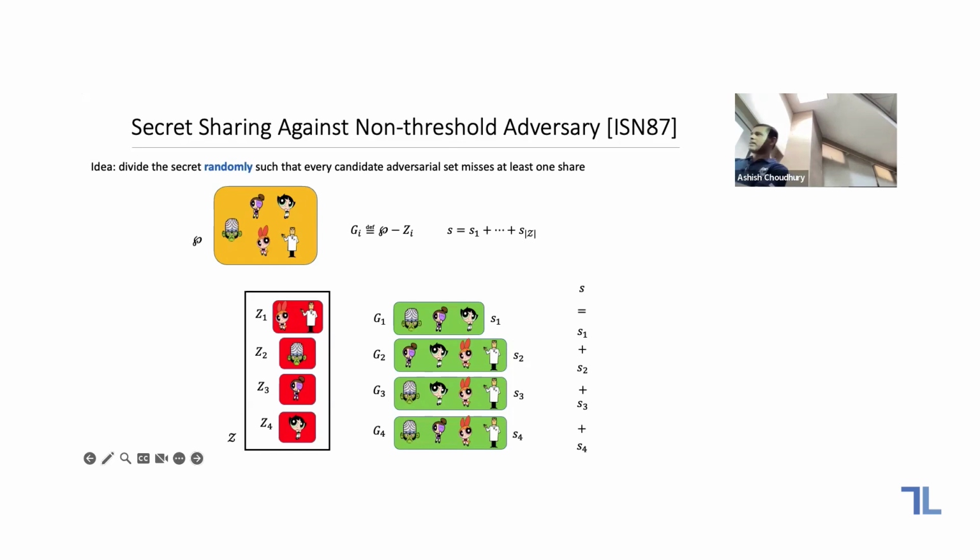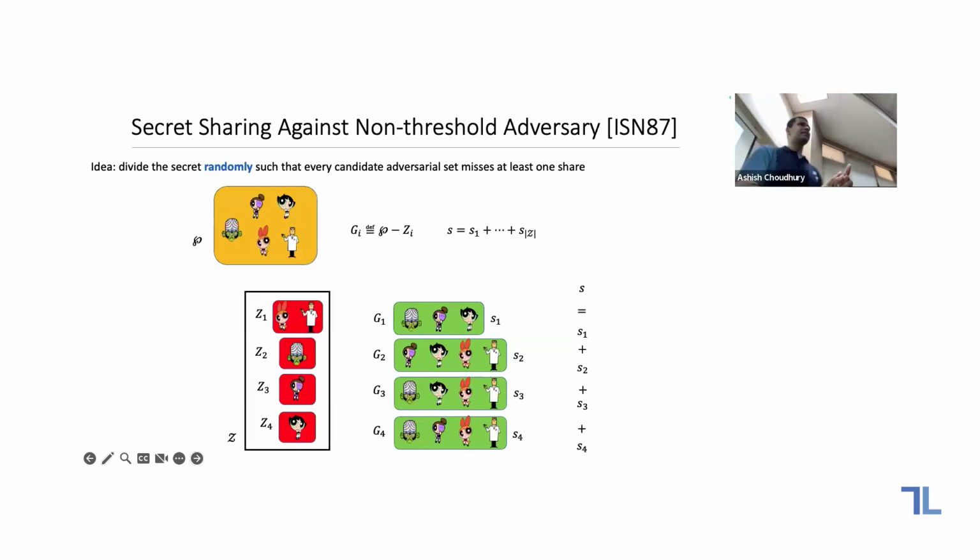You can see that this clearly satisfies the privacy requirement, because it doesn't matter which red set the adversary controls, it will lack at least one piece. For example, if the adversary corrupts the first subset, it does not have the share S1. If it corrupts the second set, it does not have the share S2, and so on.